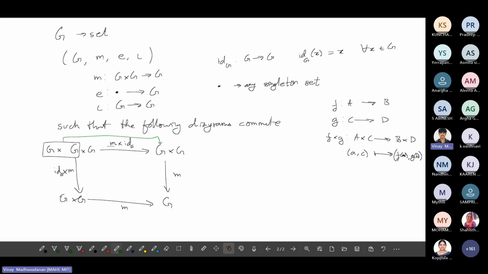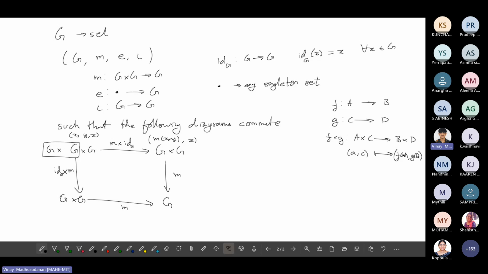On the other hand, ID is a function from G to G. So this makes sense according to the definition, right? So basically, if you take an element (x, y, z) here, it gets mapped to the ordered pair M of (x, y) comma just z, correct?